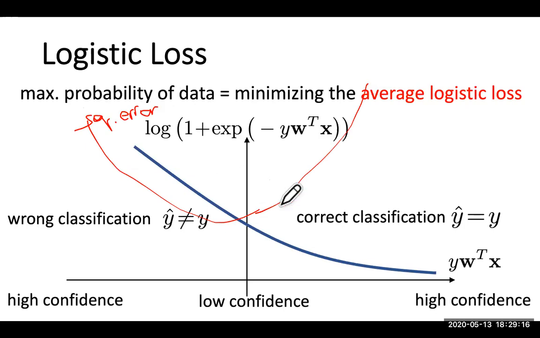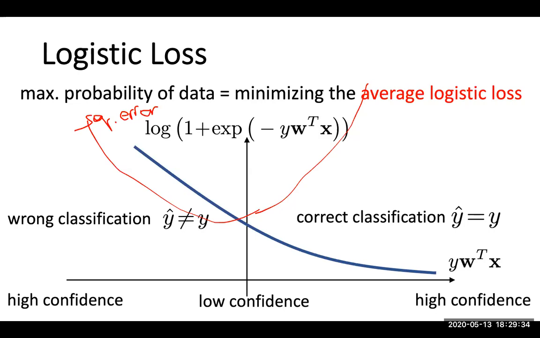The squared error loss would punish wrong classifications, and it would also punish more if the wrong classification is done with high confidence. However, there's a problem. Does anybody recognize a problem when using the squared error loss?